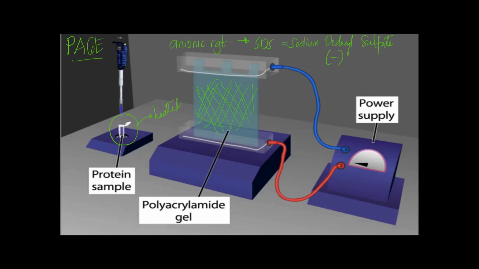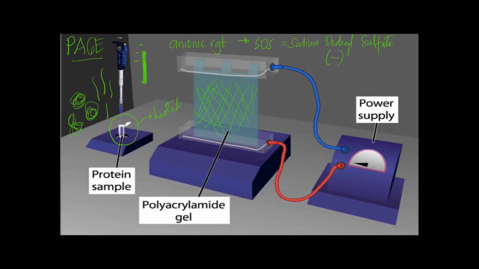So the SDS will now bind to the proteins and cause them to unfold. So if the proteins are present in your sample, the SDS molecule will unfold those proteins. And since the SDS molecule is negatively charged, it will coat the unfolded proteins. So for example, you have an unfolded protein here.